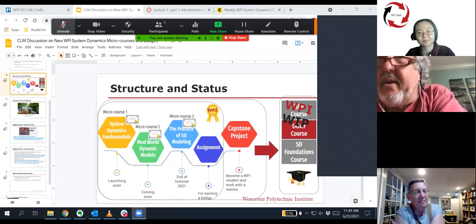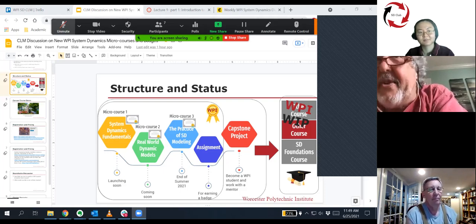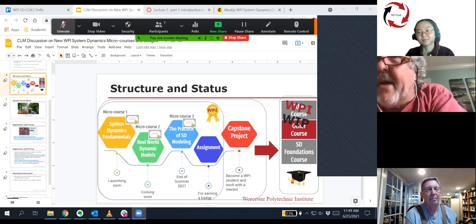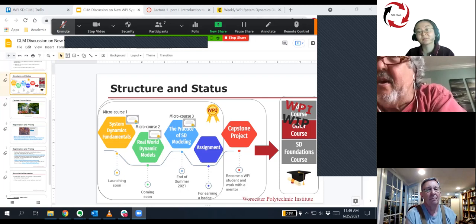So the approach to teaching someone or helping someone understand how to approach a problem from a modeling perspective has to be more focused on what it is they're trying to understand rather than what it is we're trying to teach.